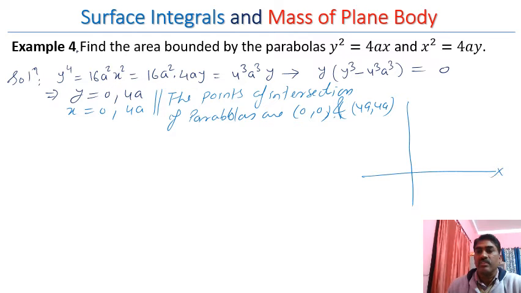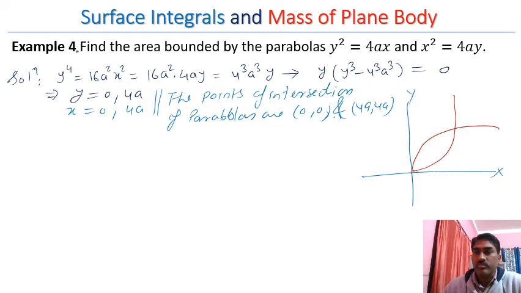Because these are parabolas, you can easily draw. Suppose this is x-axis and this is y-axis, so this will look something like this and this. So again mark that y square is equal to 4ax should be symmetric about x-axis.